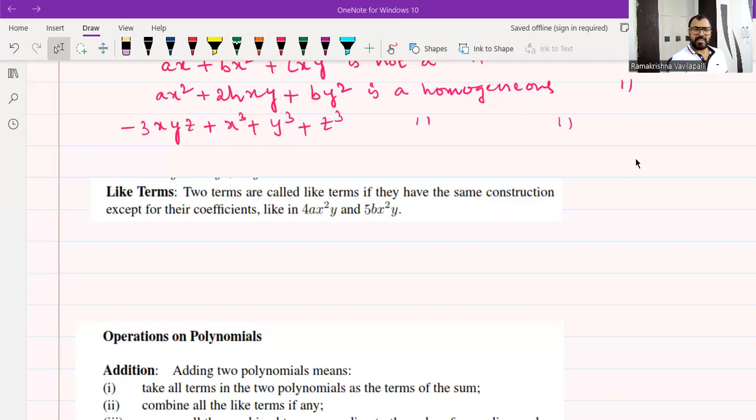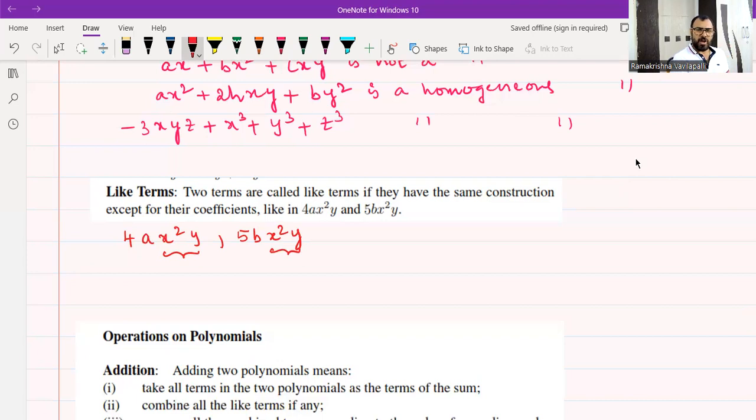For example, here you see 4ax square. Here x power is 2. Here x power is 2. Right? In 4ax square y, comma, 5bx square y, see here x square y construction, here x square y construction, both constructions are the same.